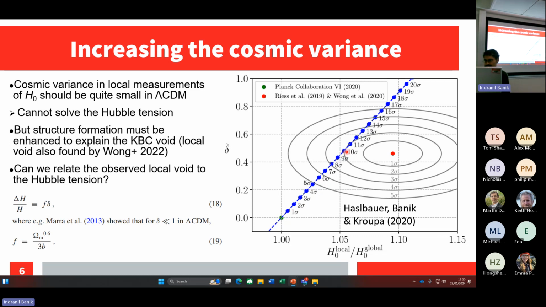Of course, statistically, this is not very likely. So you would need to find some way to enhance the growth of structure such that this is not a 10 sigma event, but maybe a 2 or 3 sigma event, and then it would be plausible. But you can see that the KBC void and the Hubble tension both seem to be pointing in the same direction, and an underdensity would naturally lead to a Hubble constant enhancement.